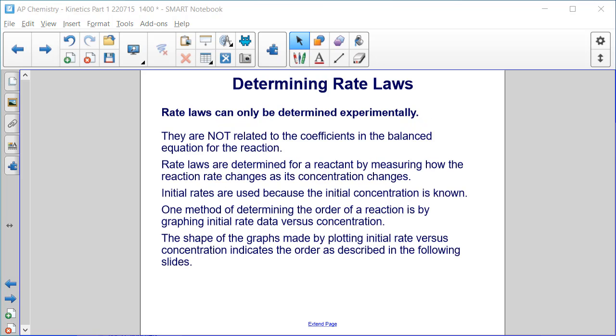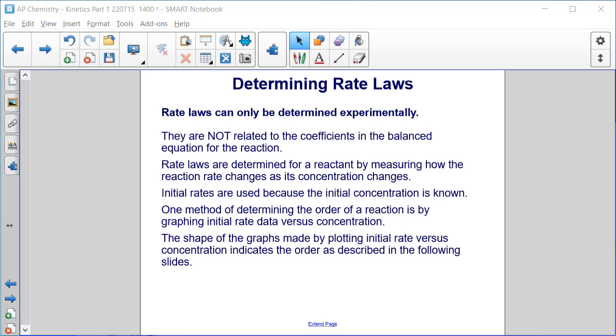One of the most important things we have to keep in mind is that rate laws can only be determined experimentally. They are not related to the coefficients in the balanced equation for the reaction. Rate laws are determined for a reactant by measuring how the reaction rate changes as its concentration changes.